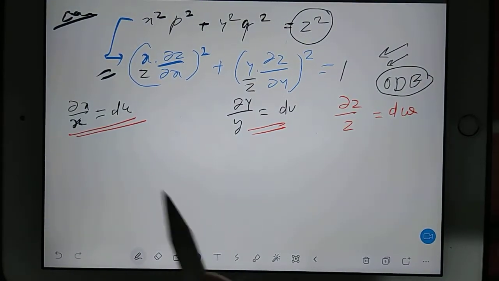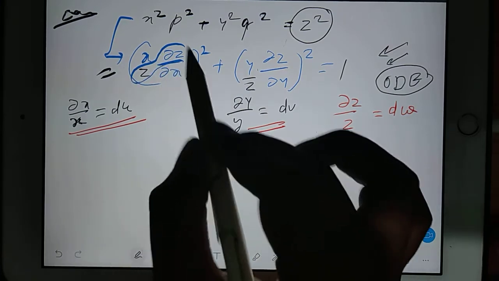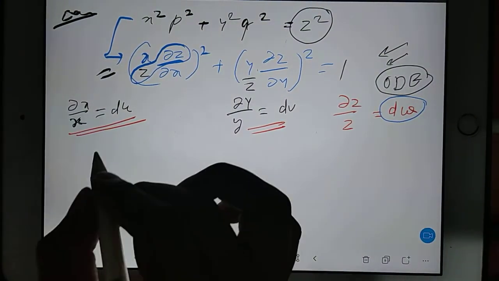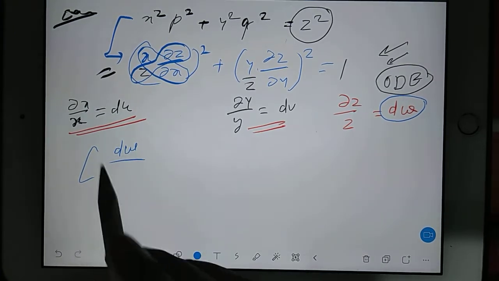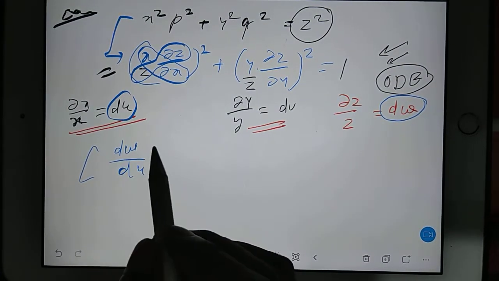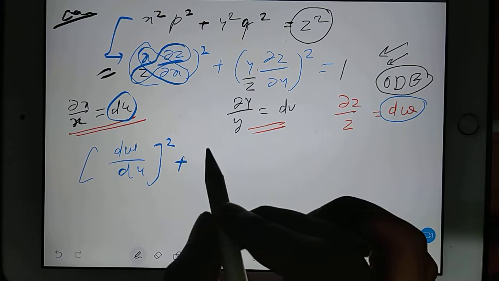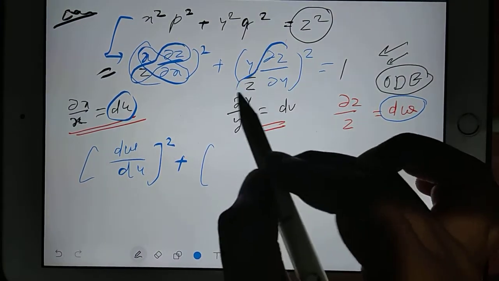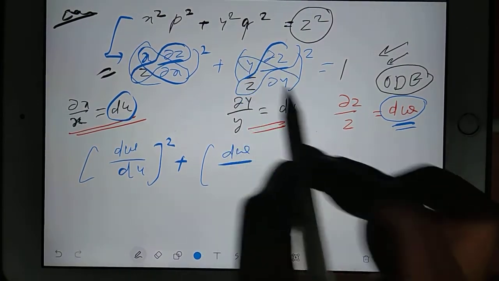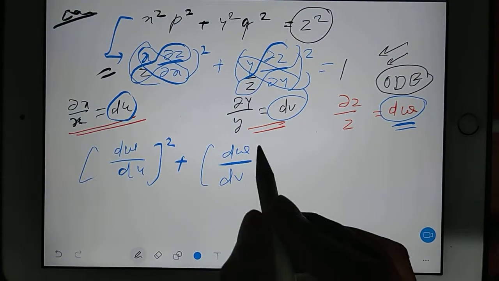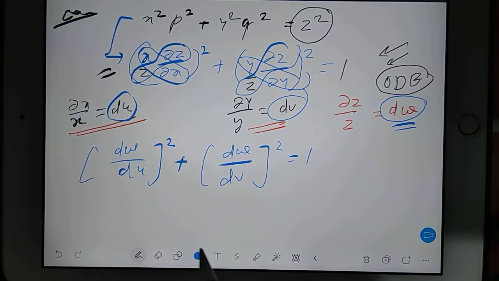You see, this ∂z/z I am writing as dw, and this ∂x/x as du, so (dw/du)² plus, now this ∂z/z is the same dw, and here ∂y/y is dv, so (dw/dv)² is equal to 1.